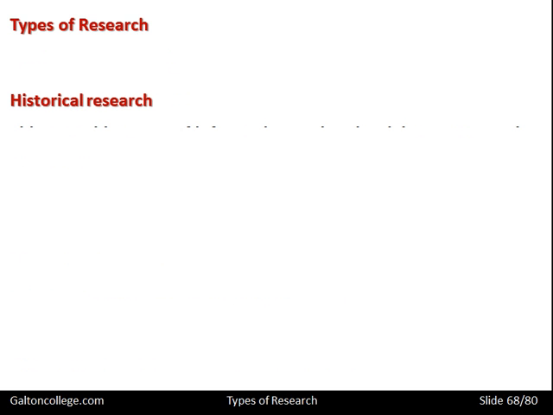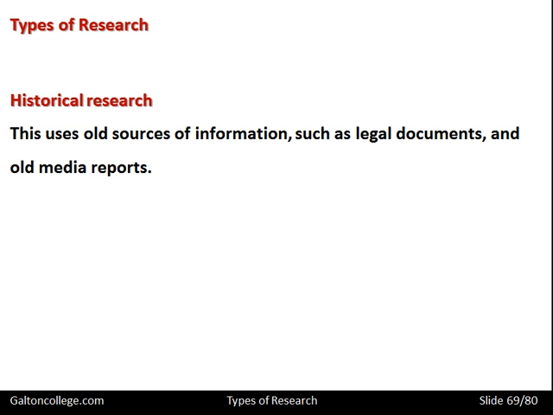There's also historical research. This uses old sources of information such as legal documents and old media reports, perhaps old newspapers, or records in churches or in the community. So it tries to look at old sources of information to work out what was happening in the past.